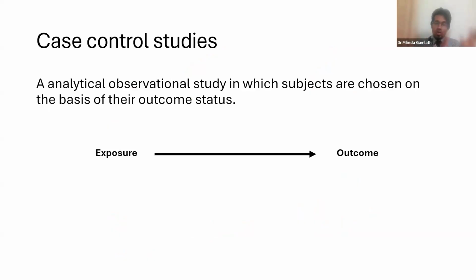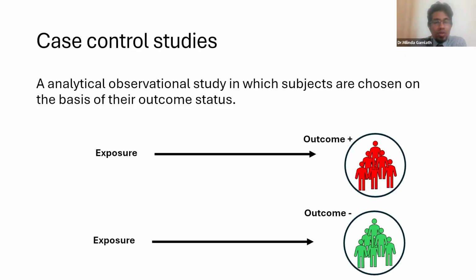So that is all for cohort studies. Like I said, cohort studies start off with exposure levels. You have people with the exposure, without the exposure, and you follow them up until they get the outcome. Case control studies are the exact opposite. They choose subjects based on their outcome status. So you start with people with the outcome or without the outcome, right?